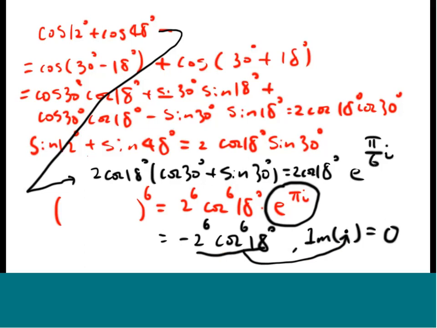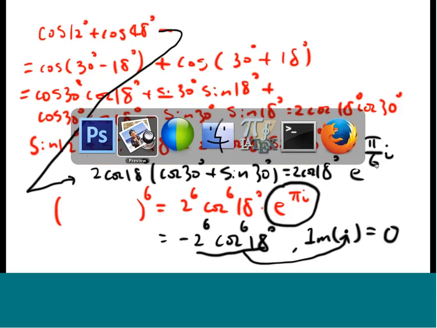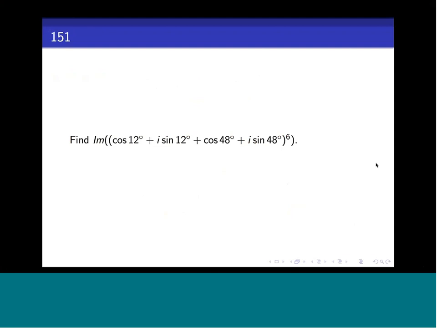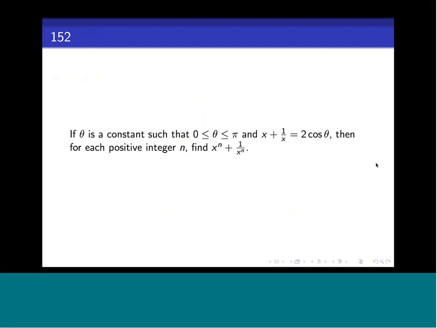Okay, next question. Whose turn is this now? William? Oh, William. Next one. What is x to the n plus 1 over x to the n? Two cosine n theta.